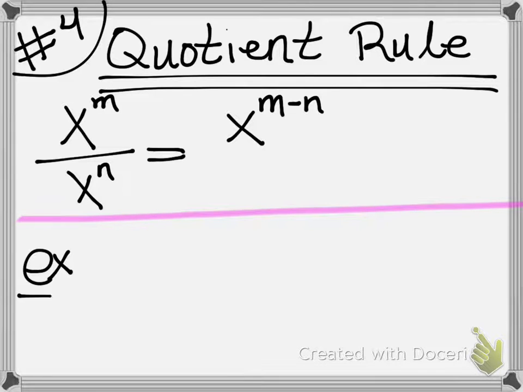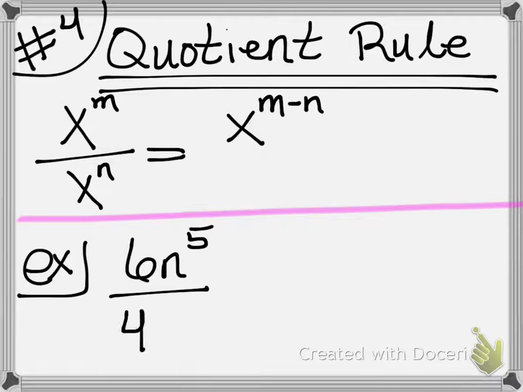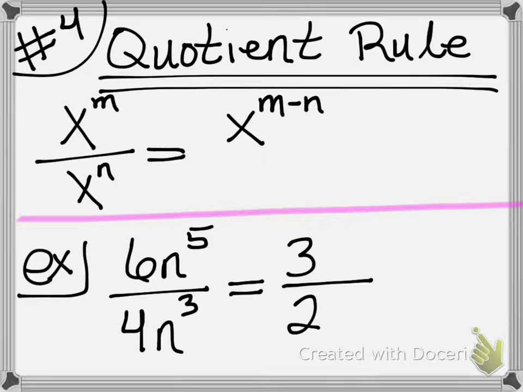So I have a couple examples for us to do here. All right, so same thing, we have coefficients and we have a variable. So focusing on the coefficients, 6 divided by 4 does not simplify perfectly, but we know that that simplifies to 3 halves.